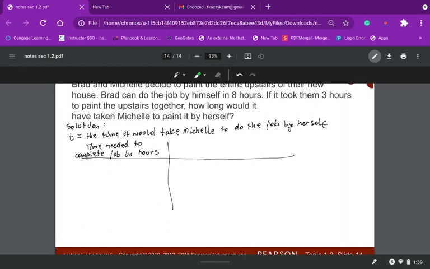My second column will express portion of job, which can be complete in 1 hour. So amount of job, which can be complete in 1 hour. So the second column will represent rate, which stands for portion of job completed in 1 hour.